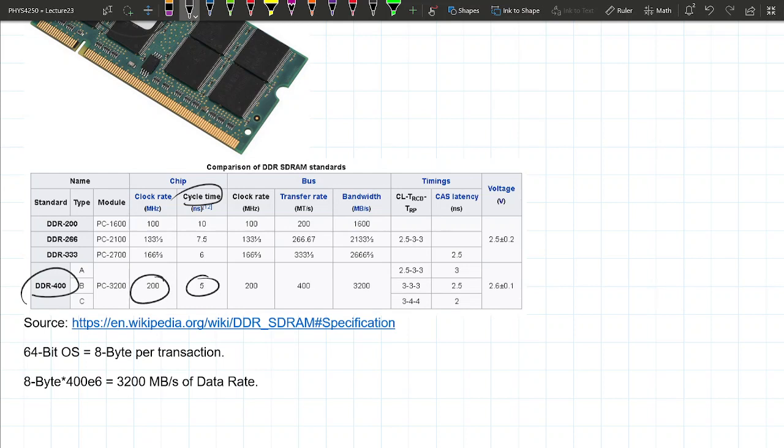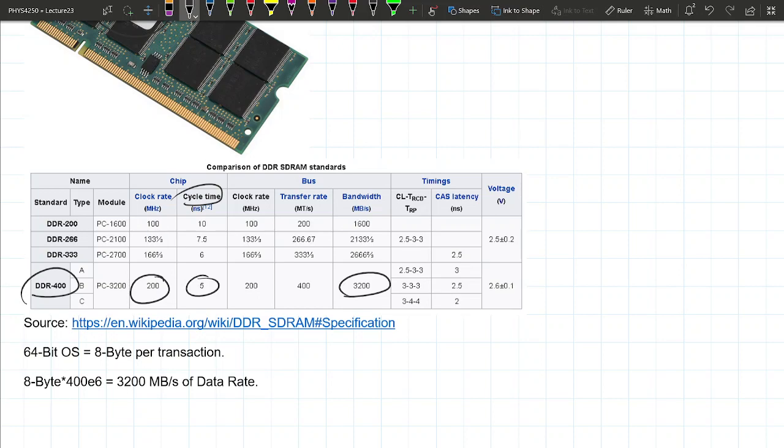So this is probably the fastest consumer electronics we're dealing with. And it can transfer 3,200 megabytes per second. Multiply that by 8 for bits of data that can be transferred.